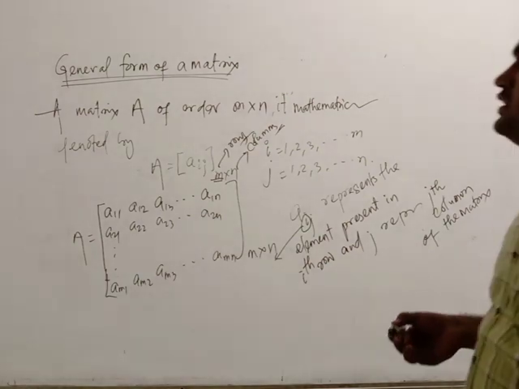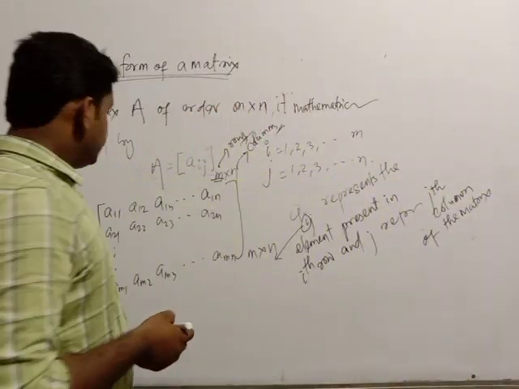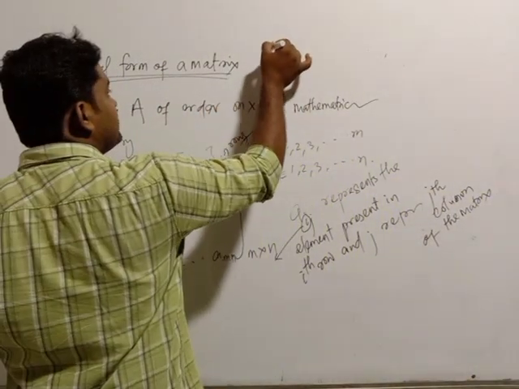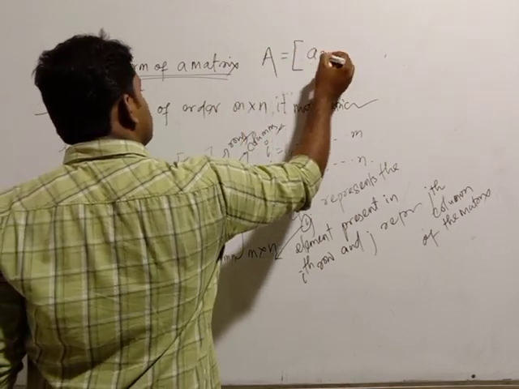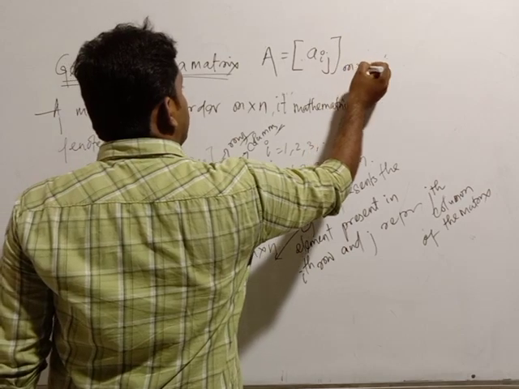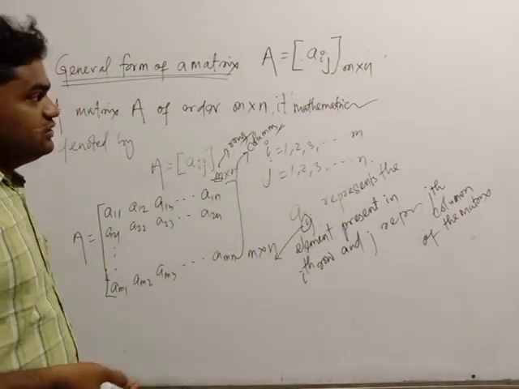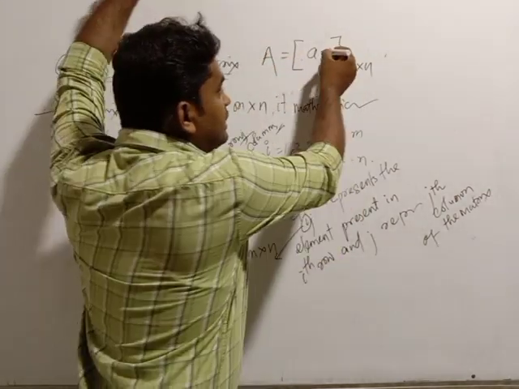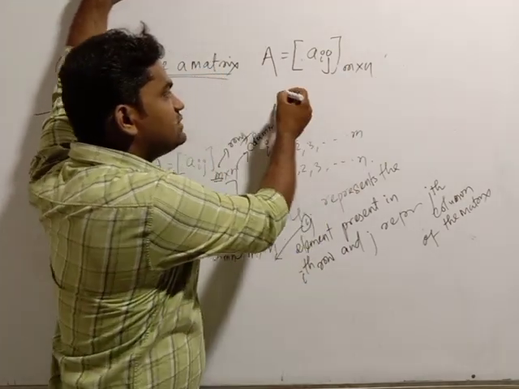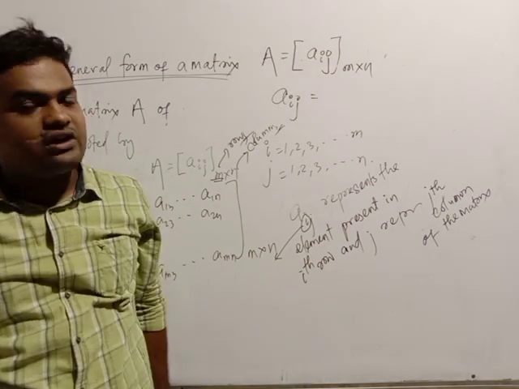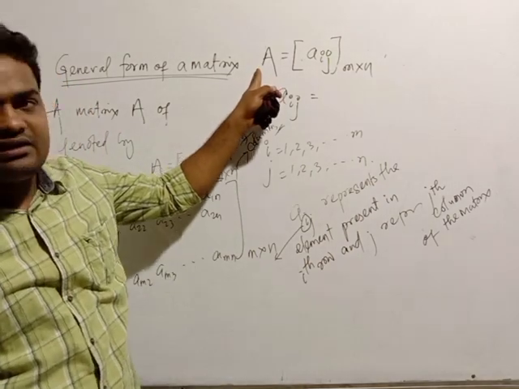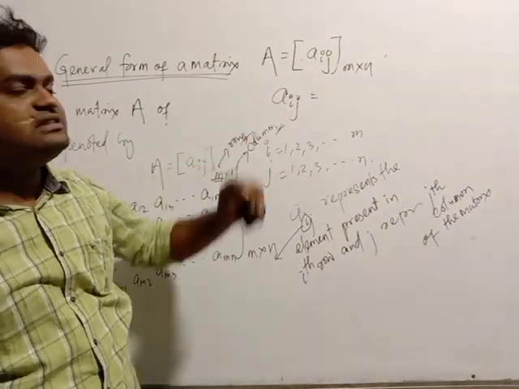So simply we know that if we write A is a matrix [aij] of order m by n, in which aij represents the entry or element of the matrix A in ith row and jth column.